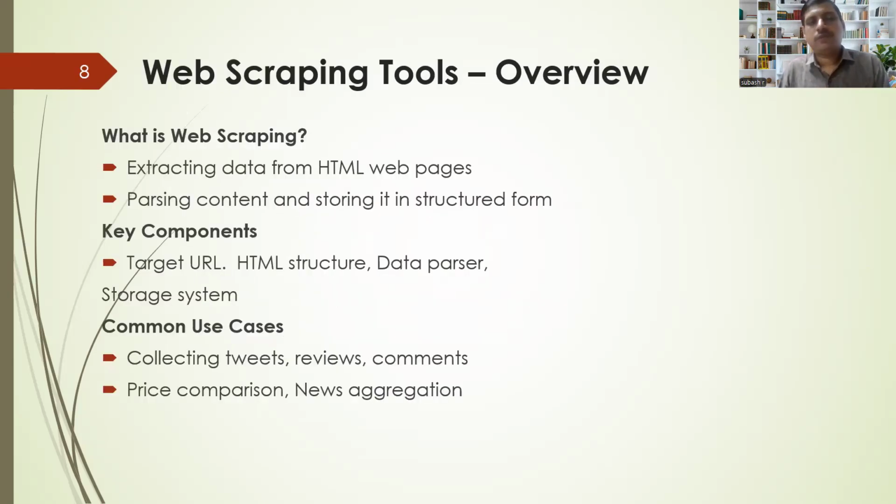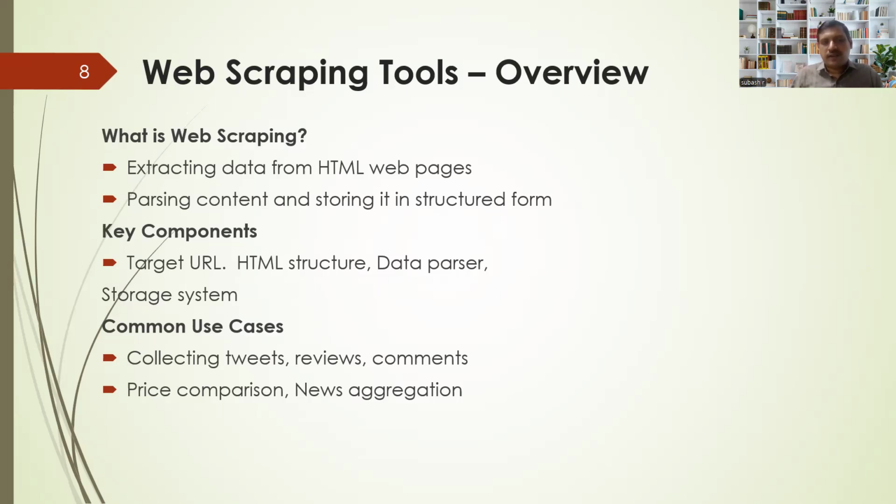Web scraping tools extract data from HTML web pages. Why do they say HTML? All web pages are mostly HTML documents. It parses the content and stores it in a structured format. Parsing means reading; it reads one by one and separates the data, and then forms structured data.